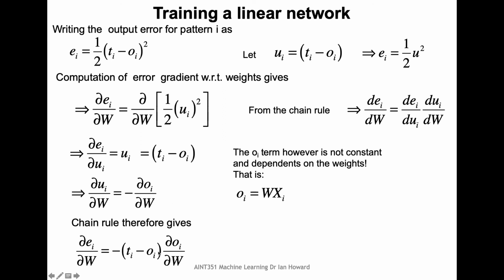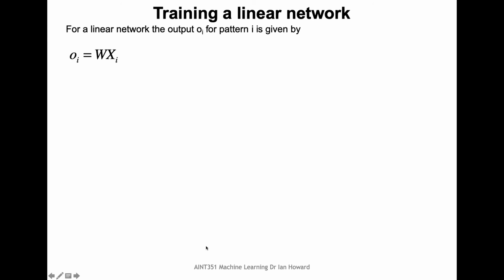The second one gives us the minus dOi/dW term. So minus dOi/dW, and now we've got to sort out what the differential dOi/dW is. But we know for a linear network, like I said, that Oi equals W Xi. So W is the weight matrix, Xi is a single vector for that data point i.